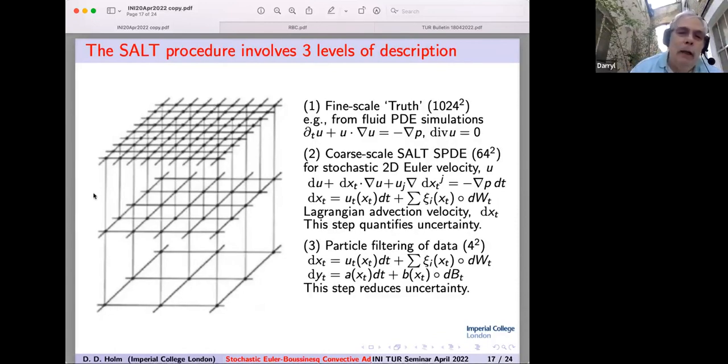So the second level is the coarse scale version. That's where the SALT stochastic PDE comes in for this 2D Euler velocity. Here's the Euler equations written this way. And it might surprise you, actually, the Euler equation has this other term there. That's the term that gives you the Kelvin term for the stochastic theory.